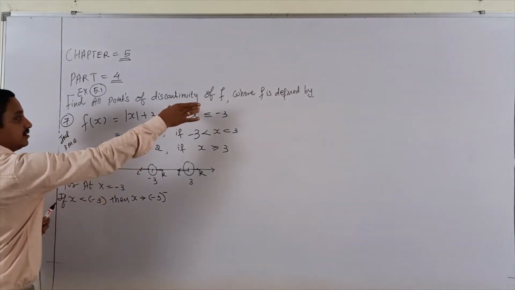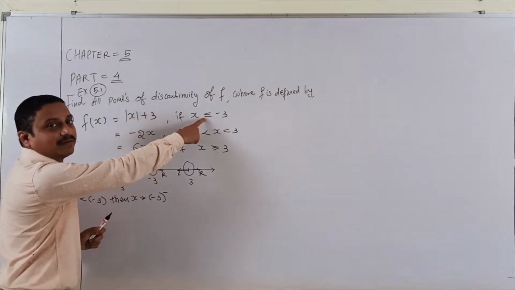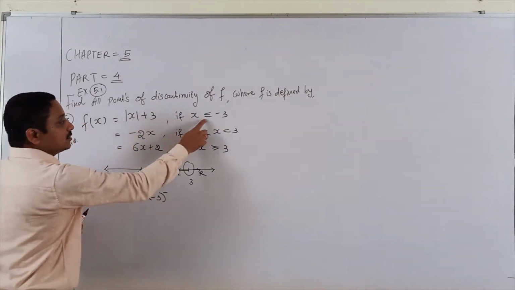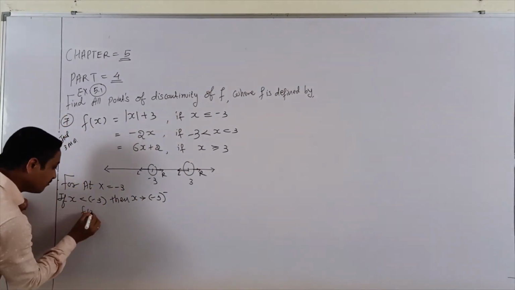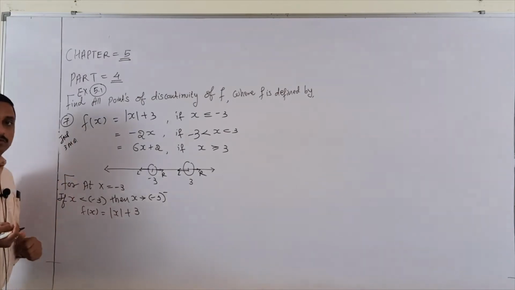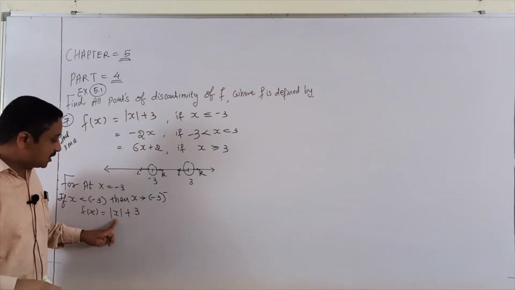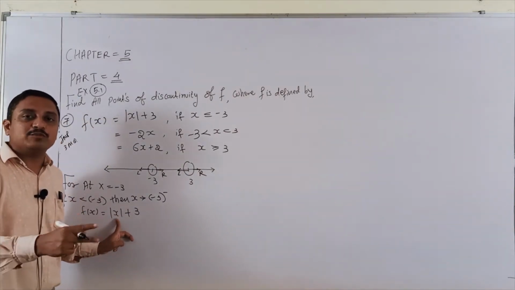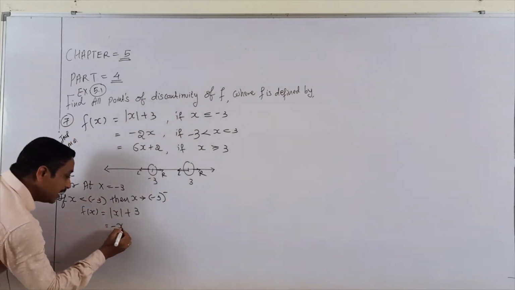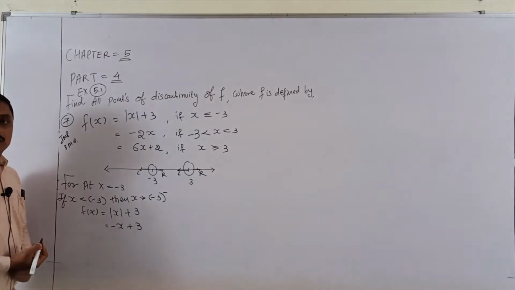What is the function here? This function I apply because less than is given. The function f(x) is modulus of x plus 3. But wait, modulus has two cases, negative and positive. I am going to the left hand side, that's why here it is minus x plus 3.